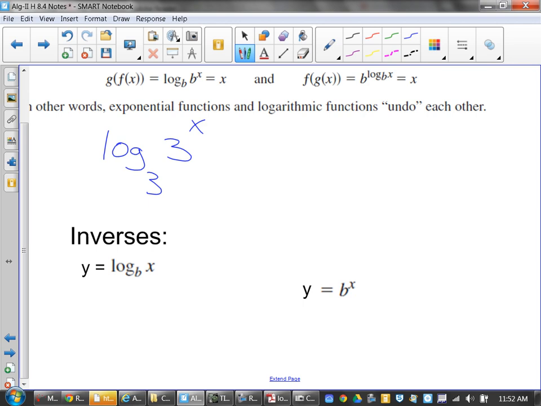Since those two numbers are the same, they undo each other. They're inverse properties of one another. That's why your answer here is x. The exponent drops, because this base and this base are the same. That's how you undo these. That's how we did this problem.